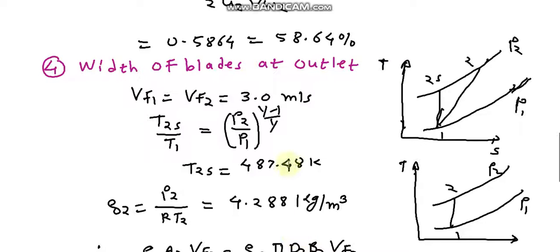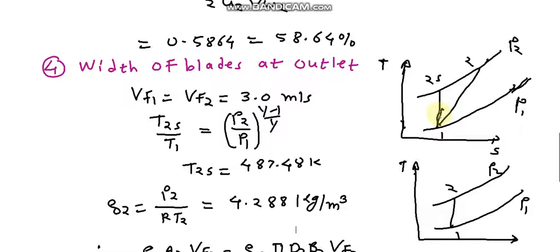For that, in a centrifugal compressor we are assuming that the flow velocity is constant. Vf1 is equal to Vf2, equal to 3 meter per second. Now the air is compressed isentropically. So here is the diagram. 1 to 2s is isentropic and 1 to 2 is polytropic.